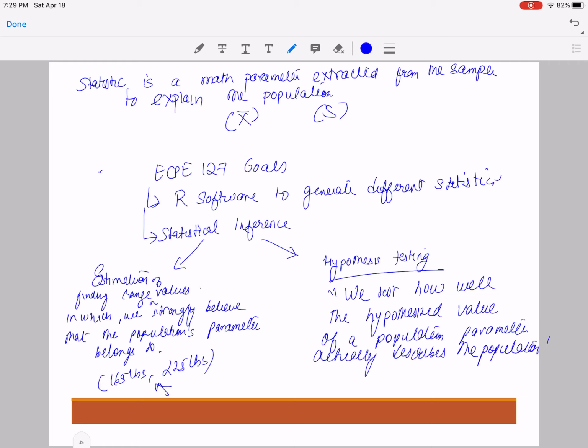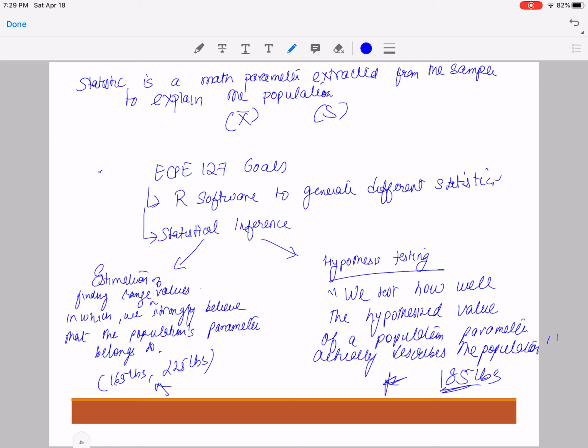So for example, I'll be interested in finding out, hey, you know what? I'm guessing that the average weight of individuals in the United States that have age equal to 30 is equal to, let's say, 185 pounds. Using hypothesis testing, I'm going to find out how accurate this number 185 is. It may be quite close to the actual population's average weight.